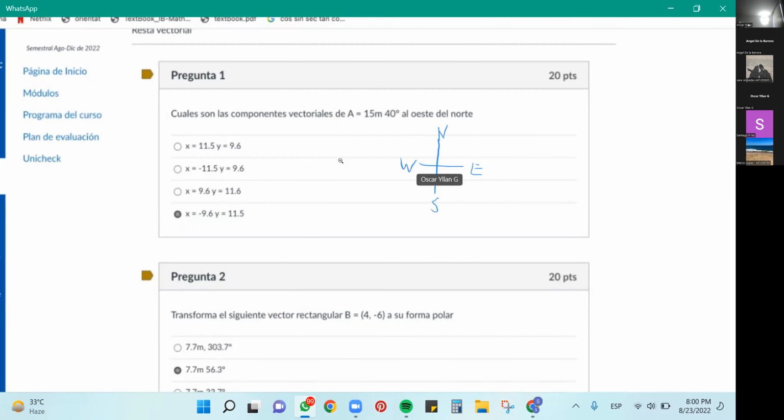If you start like this, this is a way of doing 15 meters, 40 degrees west of north. That means that we start from the north part, right? And we move 40 degrees to the west. So we will have an angle of 40 degrees in that sense.